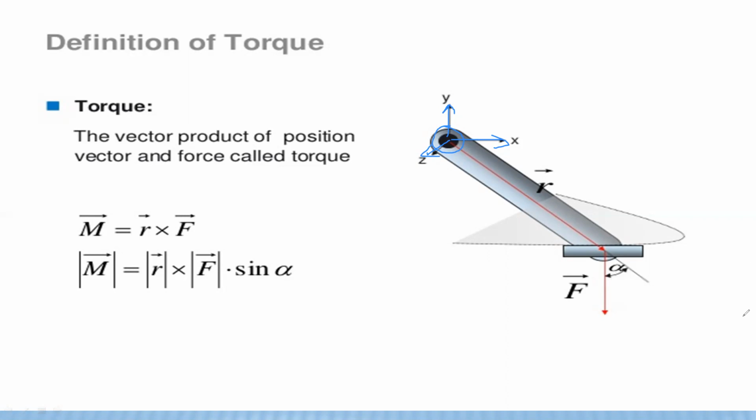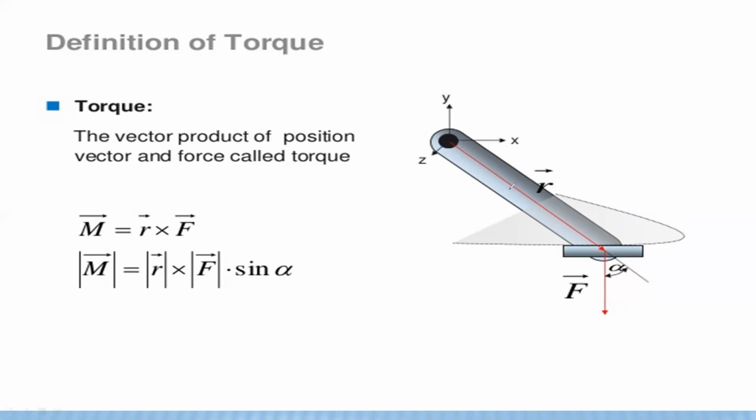Suppose it is the axis of the object. You can see this red color arrow mark. Okay, so that is the object axis. So the object rotates about this axis only.